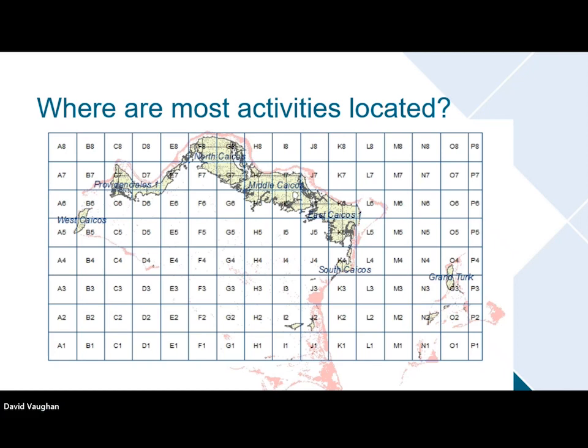So at the moment, E7, E8, and K4. Ironically, K4. Oh yeah, so South Caicos, K4. Yeah, E7, E6, D6. So again around the land, and this is for the seagrass.